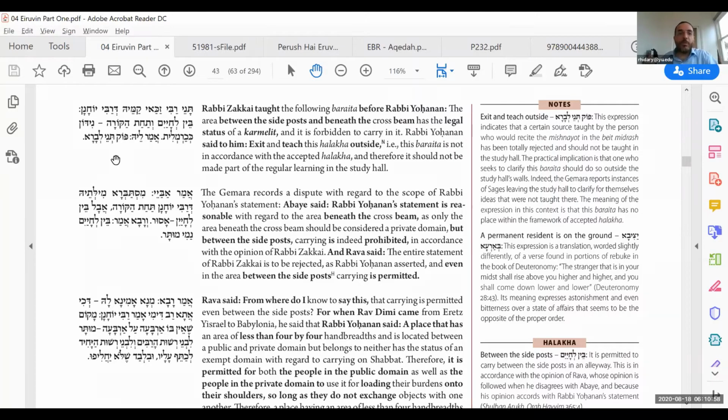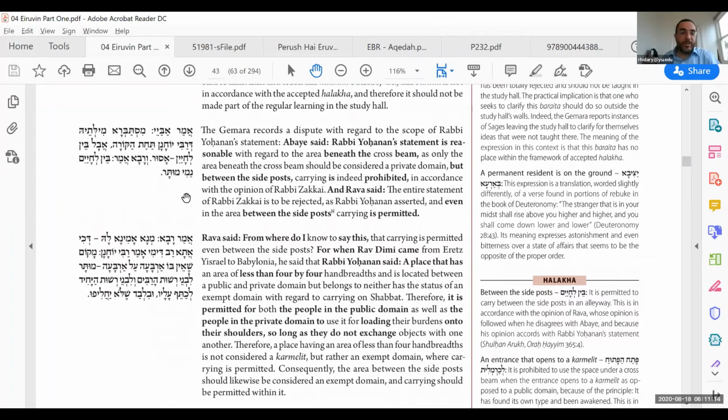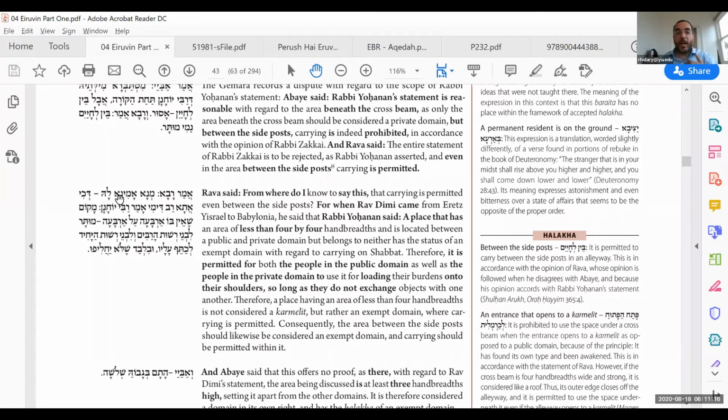Rava says I agree with Rabbi Yochanan totally, and I think the whole area, even with the lechi, is permitted. Okay, so Abaye is stringent with the lechi. Rava is lenient regarding the lechi. Now each one is going to bring a proof, try to bring a proof, and we'll discuss it. How do I know that one is permitted to carry in the area next to the side post?